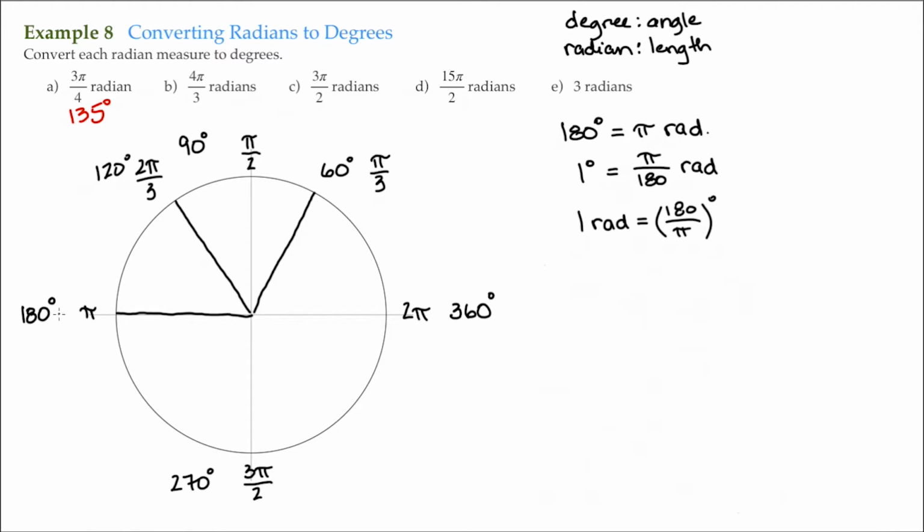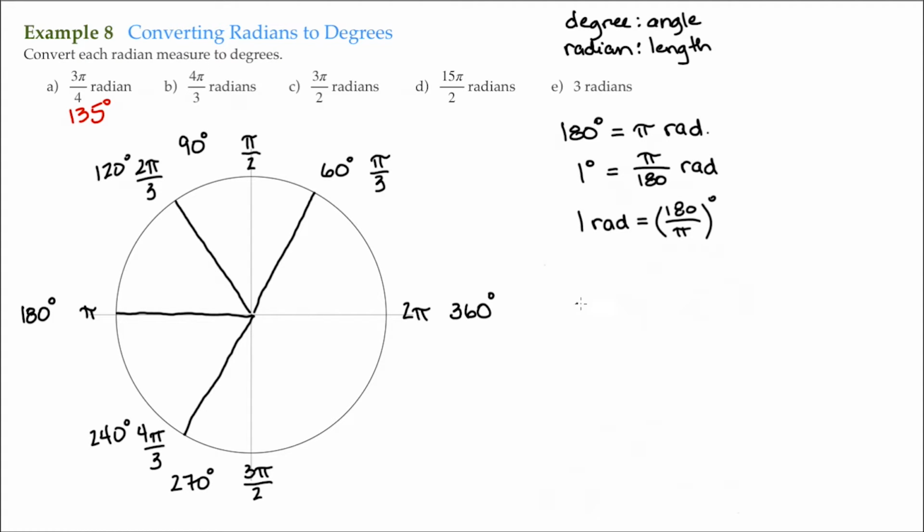That gets us to 180 degrees. That's 3 pi over 3, or in other words, pi. Another 60 degrees, that's 240 degrees. 1 pi over 3, 2 pi over 3, 3 pi over 3, 4 pi over 3. So just using a unit circle, 4 pi over 3 is 240 degrees.